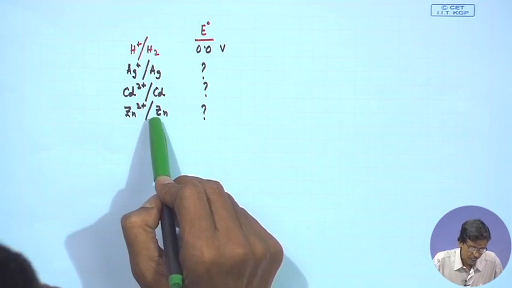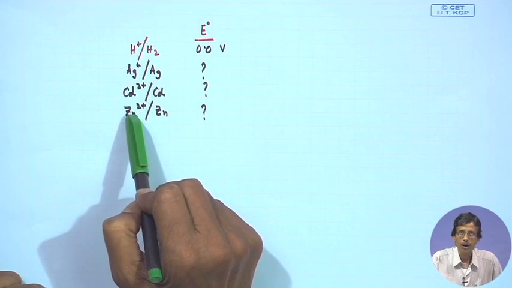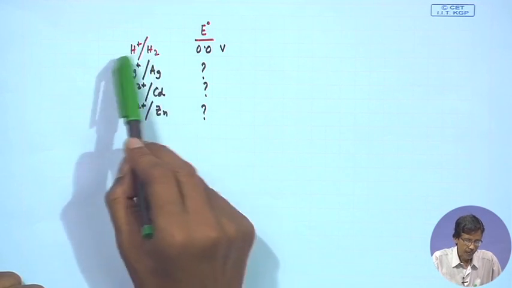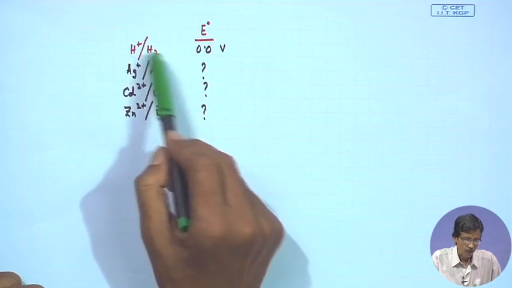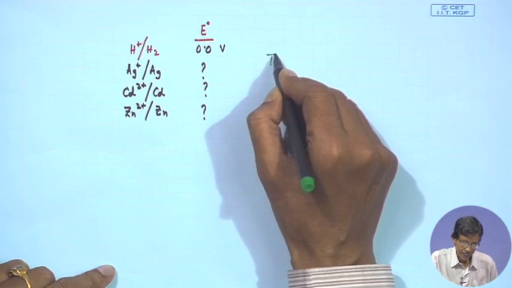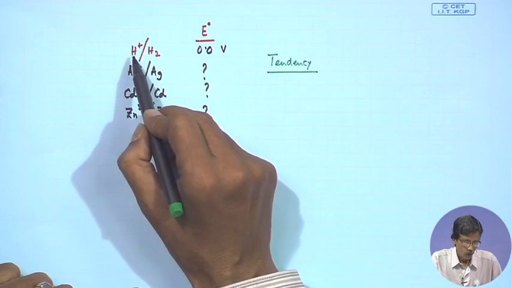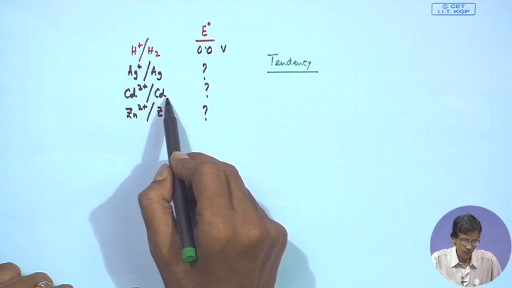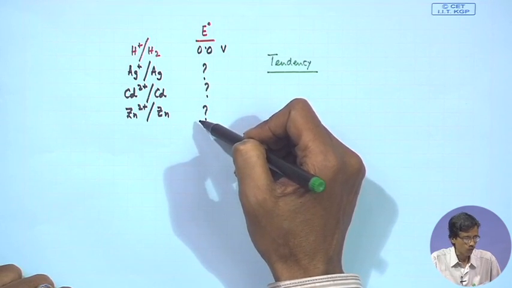If we consider the cationic species, which will be accepting electrons, their reduction potential values, or in the reverse way, the oxidizing capability of the species on the right hand side, that is the tendency for accepting electrons, going from H plus to H2, Ag plus to Ag, Cd 2 plus to Cd and Zn 2 plus to Zn, will tell us the corresponding potential in terms of E0 values.